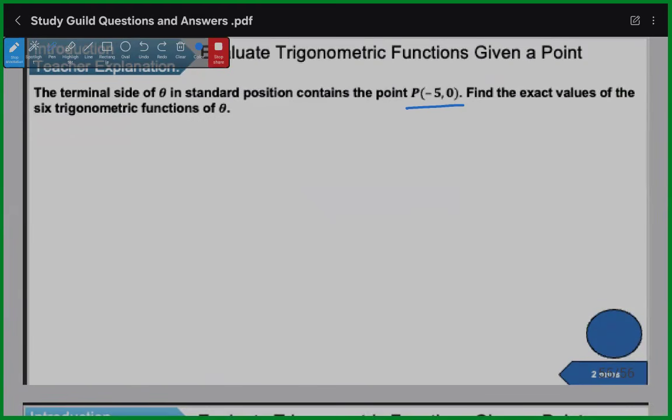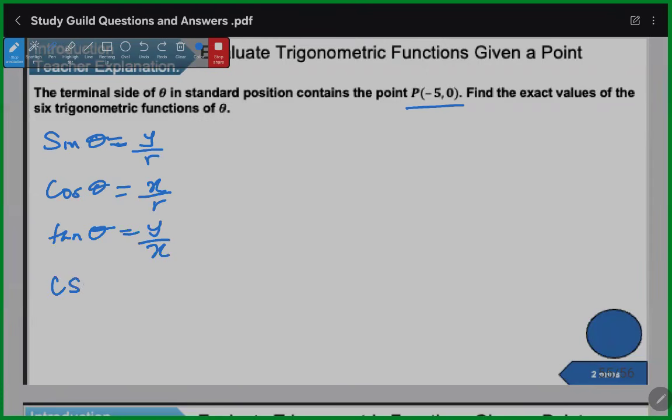Still exact value. However, for points, in our trigonometry ratios we always use sine theta is y over r, cos theta is x over r, and tan theta is y over x.